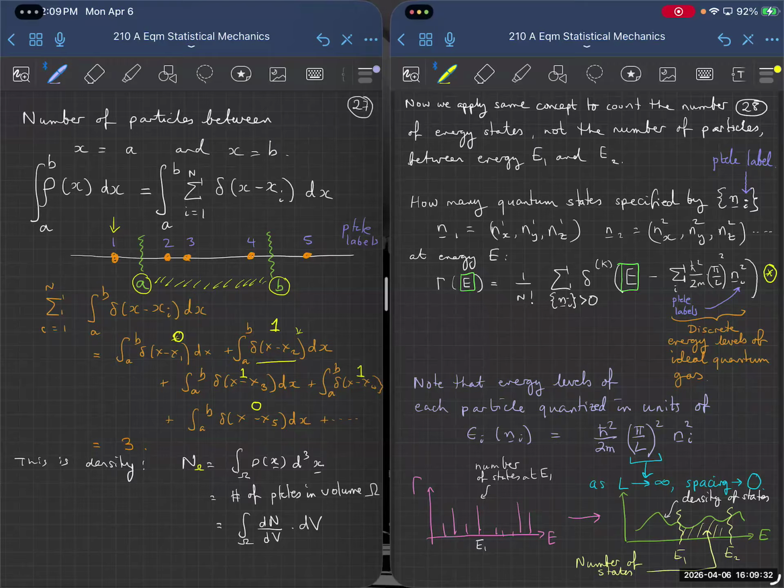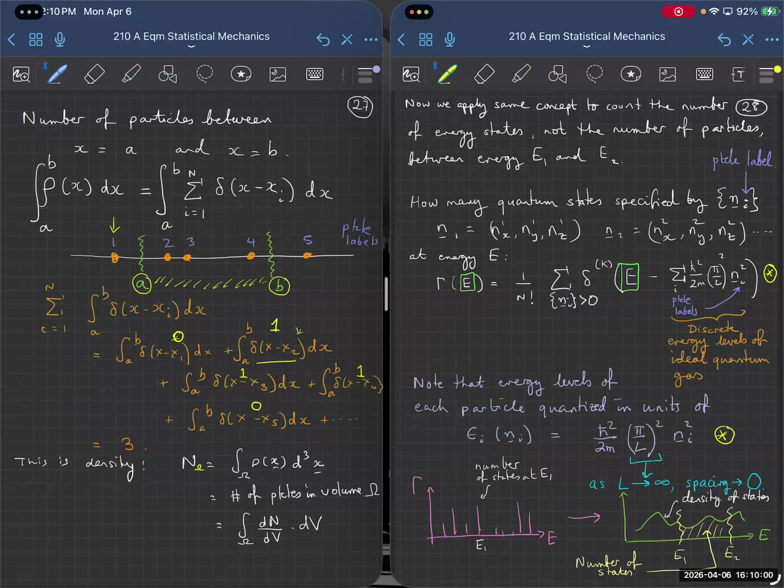And if that number happens to give you E, then great, you'll get a zero there, and therefore the Kronecker delta will give you a 1. But now we're a bit more sophisticated. When we look at the energy levels of the particles, they're quantized in units of h bar squared over 2m, pi over L squared, and then the quantum states n.